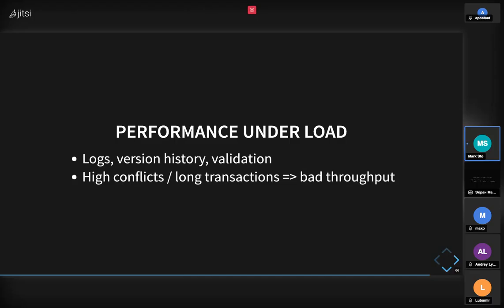So it's multi-version concurrency control, and it keeps, for each thread of execution, a full log of changes, like the version history for each and every piece of state, and does the validation internally.